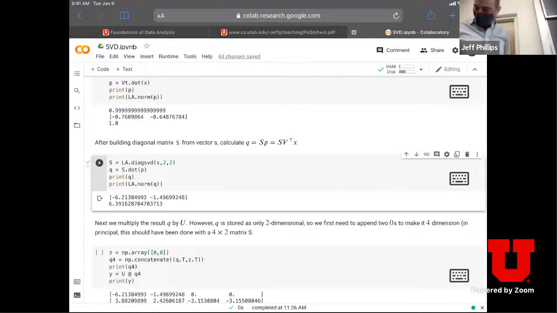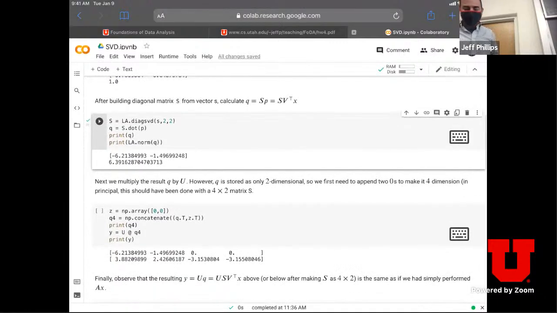And this gives me the first two coordinates of Q, about 6.2 and negative 1.49. I guess there must have been a sign flip someplace.